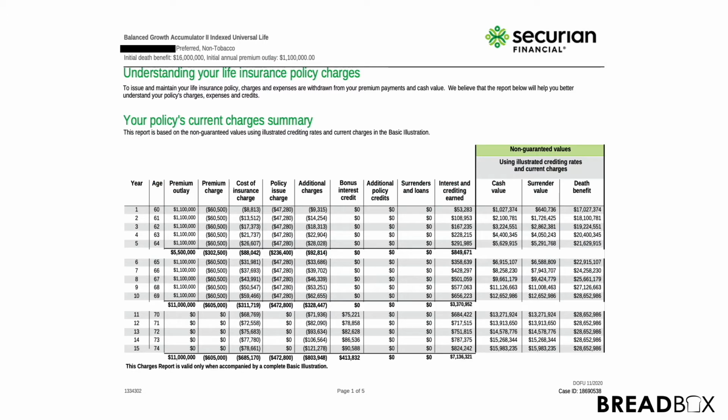And then last but not least, under the Securian illustration, again, we have the premium charge, that is the premium load. And similar to the Penn Mutual illustration, Securian does not have a total charges column, so you will have to add up and total all of those charge columns to come up with the total charges that you will load into the total fixed charges column in the input page.